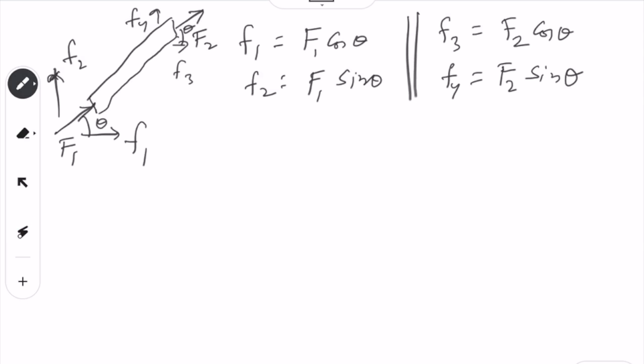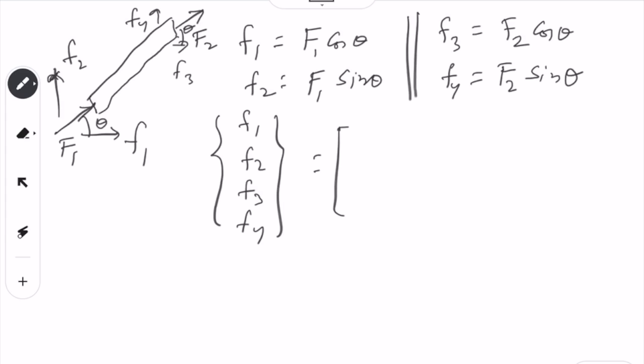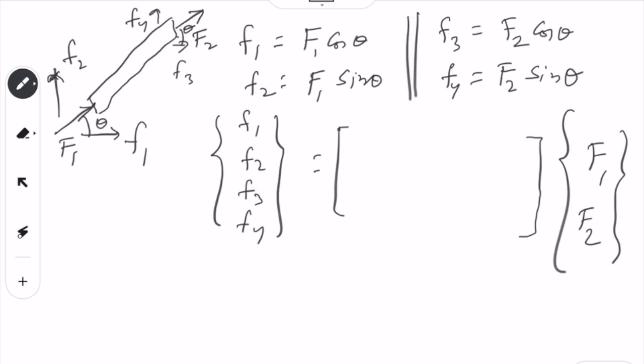We can sum it up as f1, f2, f3, f4 is equal to... okay, so f1 will be capital F1 cos theta. Let's put only F1 and F2 here.